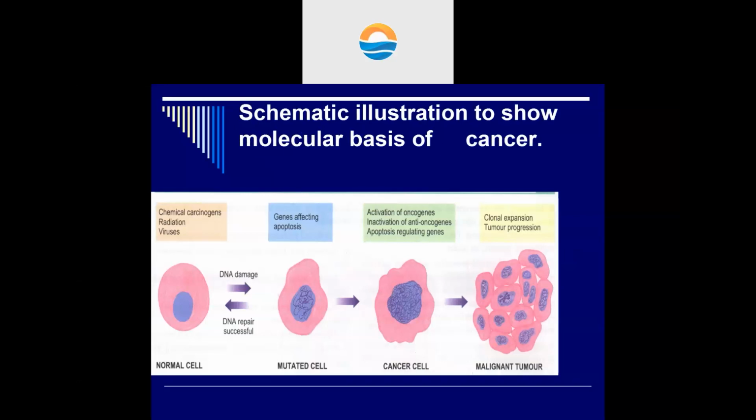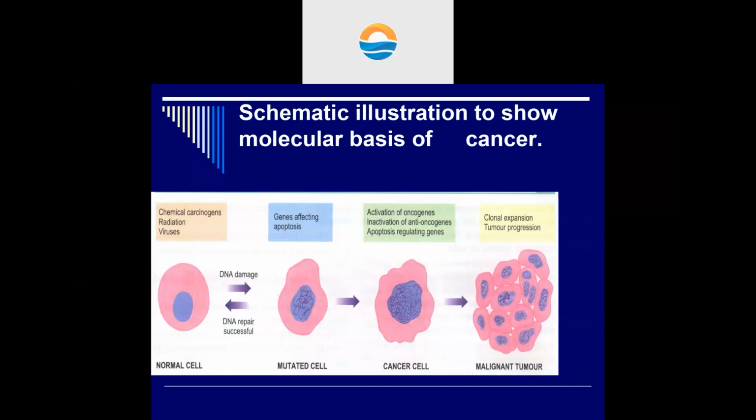Various carcinogens like chemical ones, radiation, viruses may cause DNA damage of the normal cell, and cell mutation, activation of oncogenes and inactivation of anti-oncogenes, and also injury of apoptosis-regulating genes.